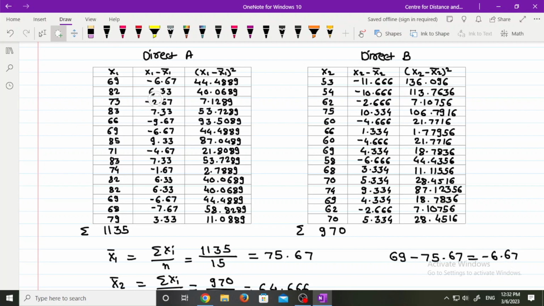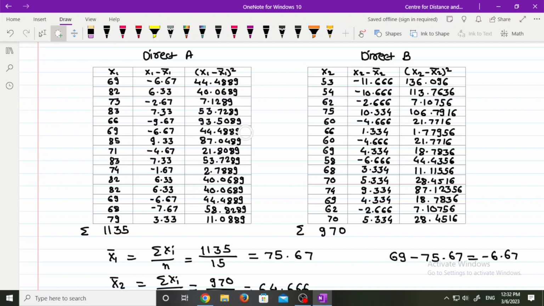Similarly, we find all the values of x1 minus x1 bar. For 82, we calculate 82 minus 75.67, and when we subtract, we get 6.33. Similarly, find all these values.